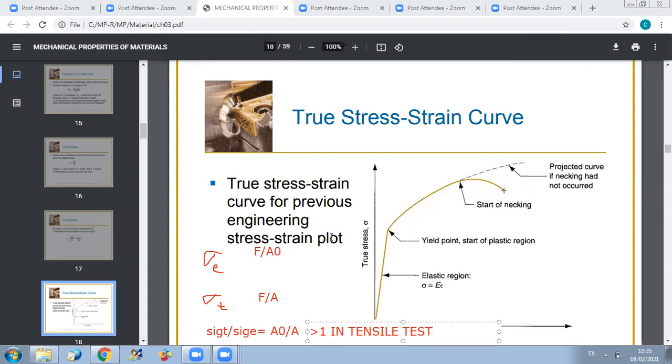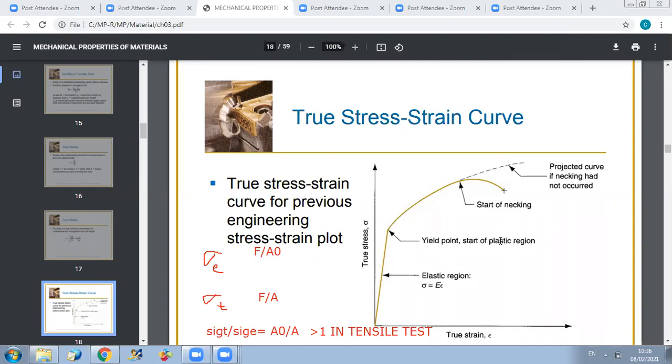So we have opposite cases in tension and compression. In a tensile test, sigma true is higher than sigma engineering, while in a compression test, sigma true will be smaller than sigma engineering.